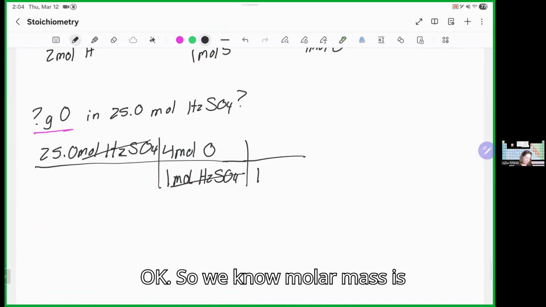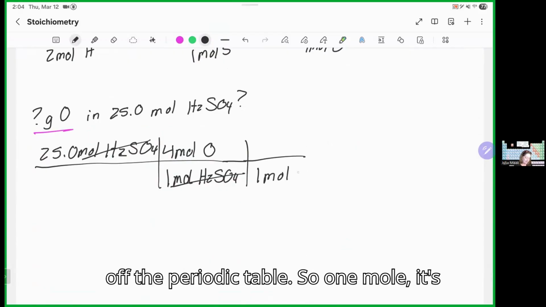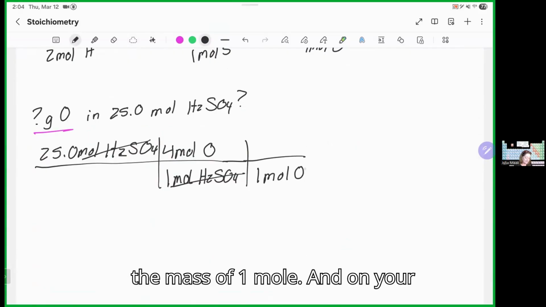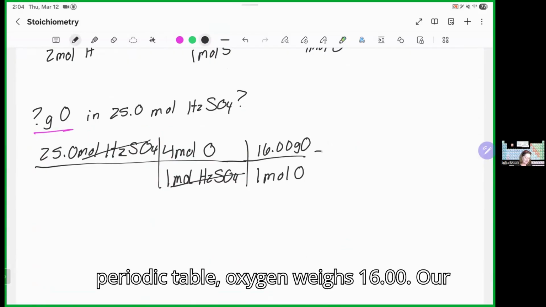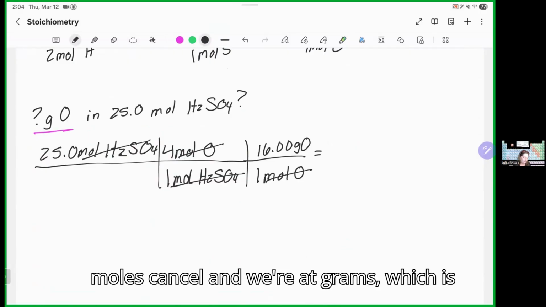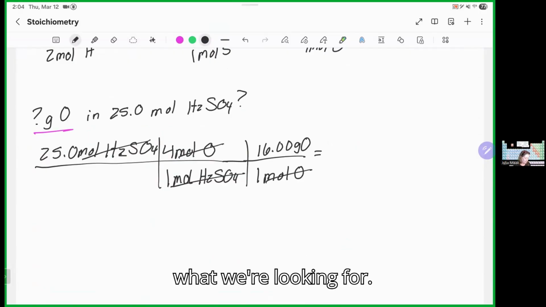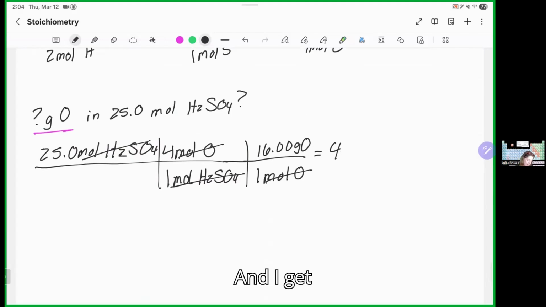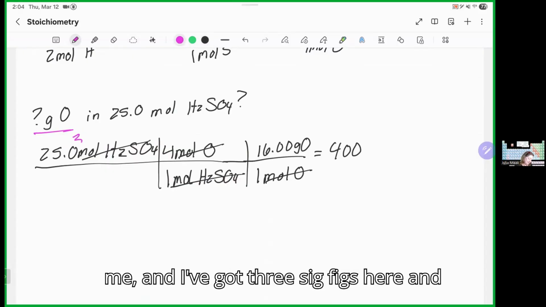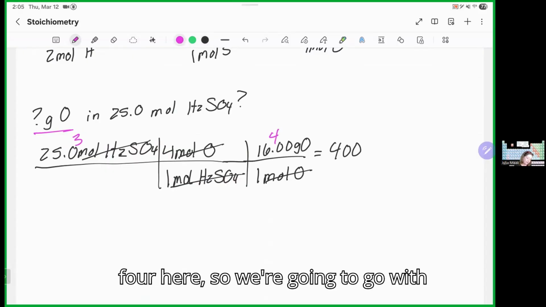Okay, so we know molar mass is off the periodic table. So 1 mole is the mass of 1 mole. And on your periodic table, oxygen weighs 16. Our moles cancel, and we're at grams, which is what we're looking for. And I get 400. I've got 3 sig figs here and 4 here, so we're going to go with 3.